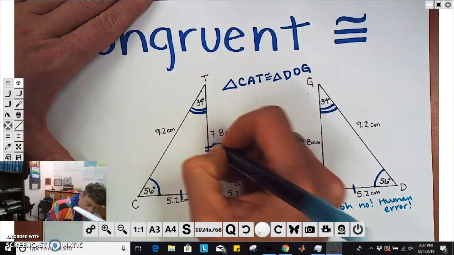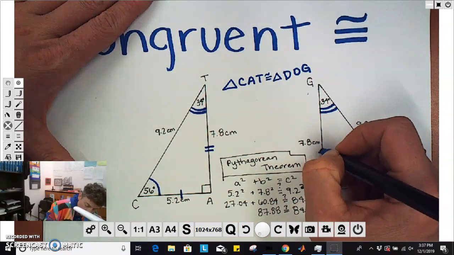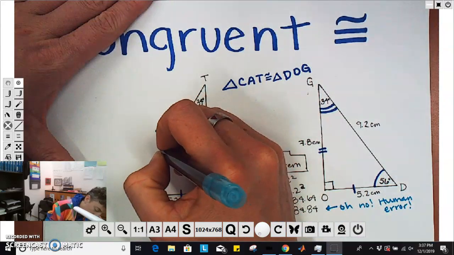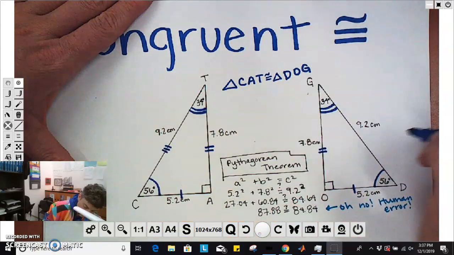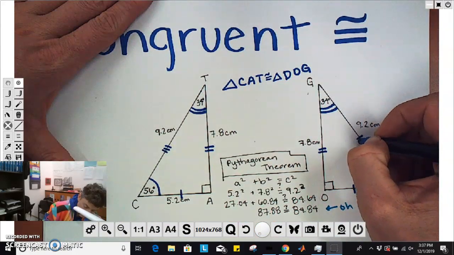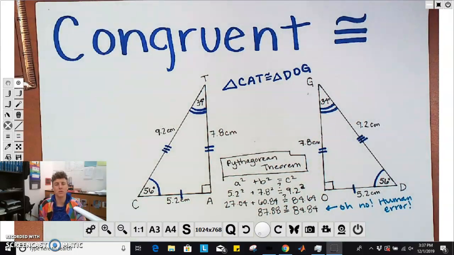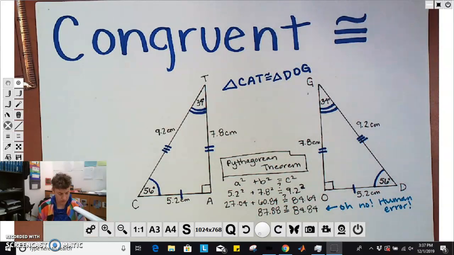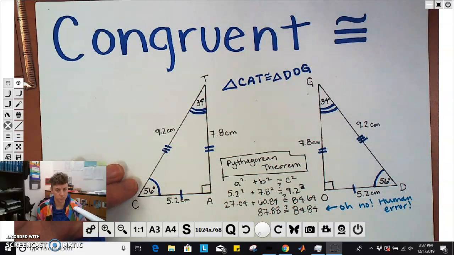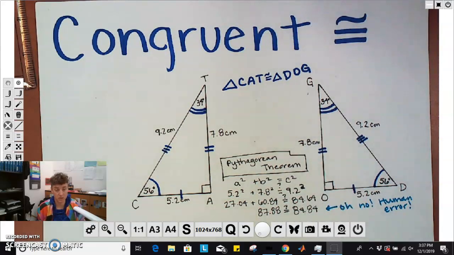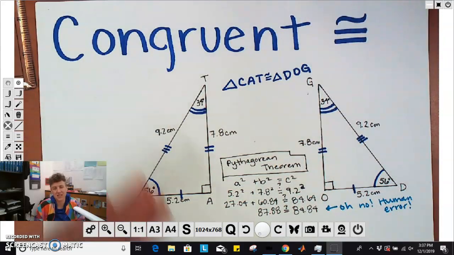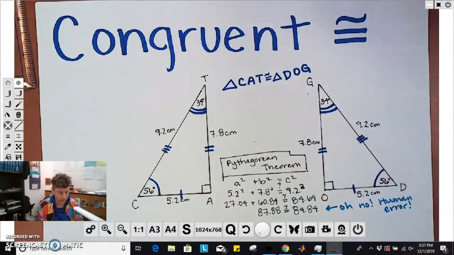AT congruent to OG. And CT is congruent to DG. Boom shakalaka. Every part in one triangle is congruent to its corresponding part in the other triangle.